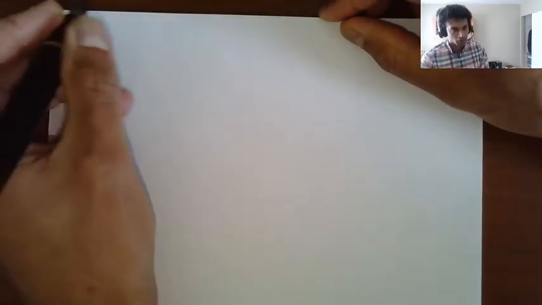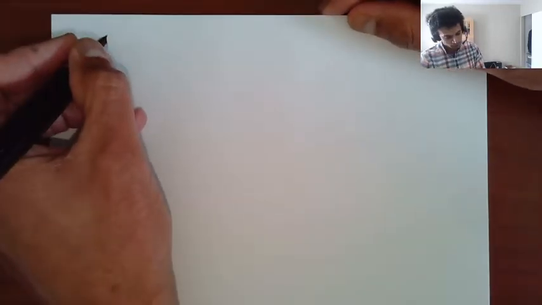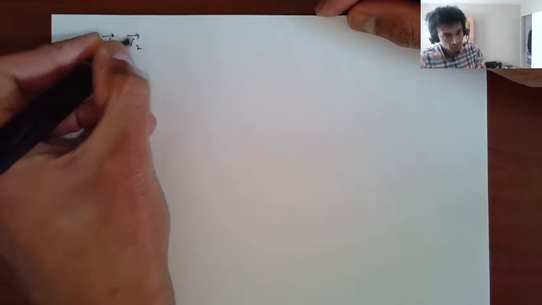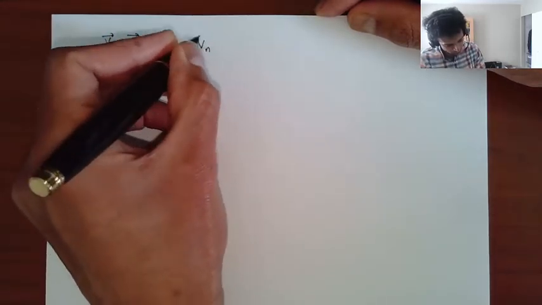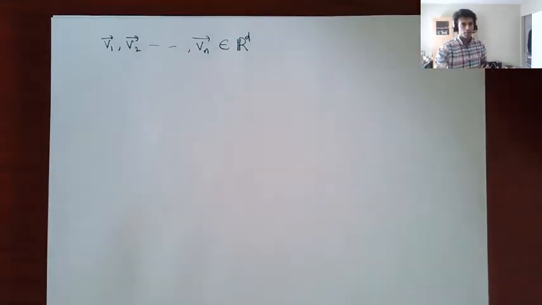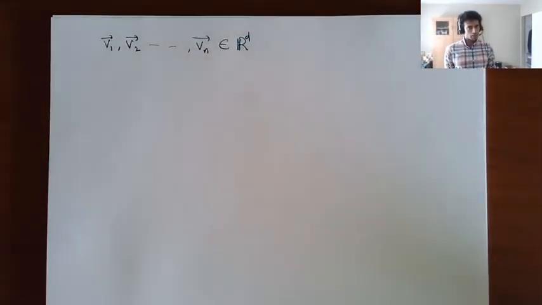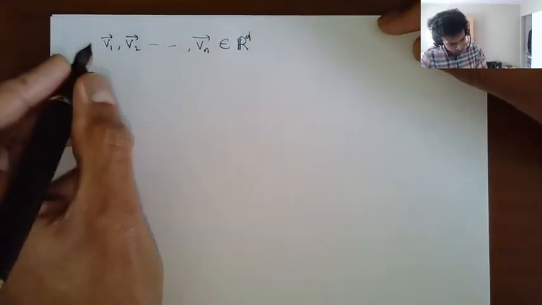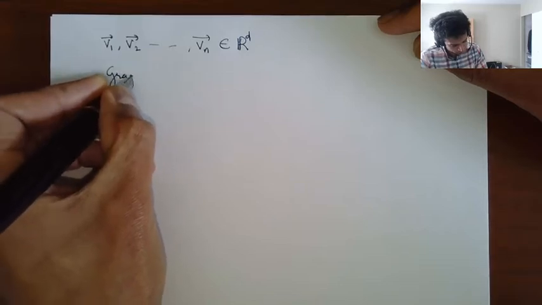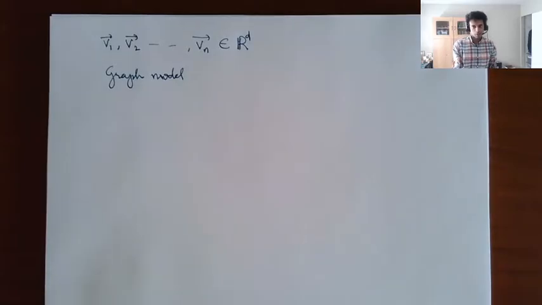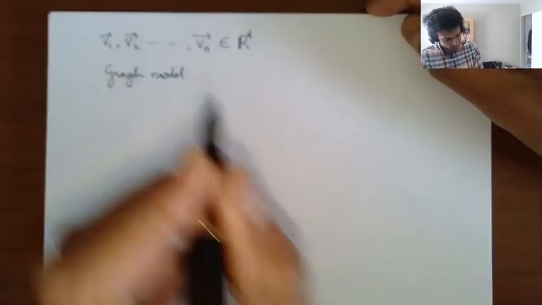Okay, so recall that the way that we have a setup is that we have this collection of vectors v1, v2, up to vn in R to the d, and these are going to be the vectors that represent the vertices. So the graph model that these vectors will create is as follows.